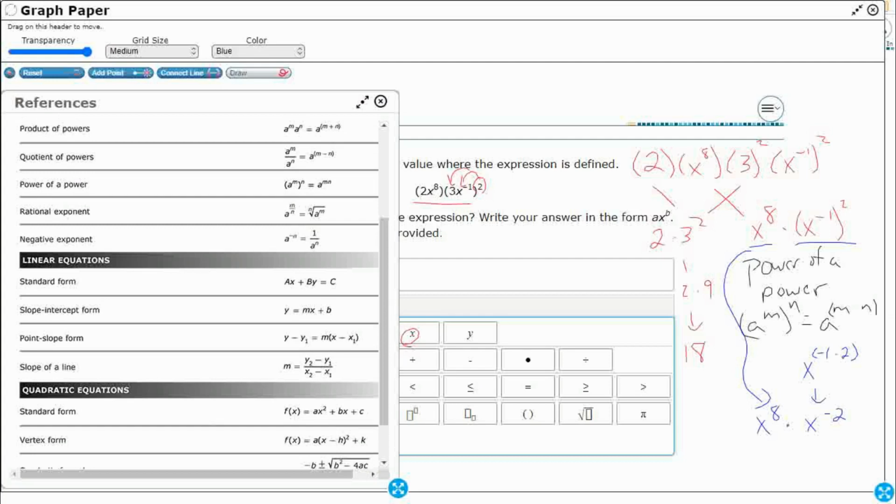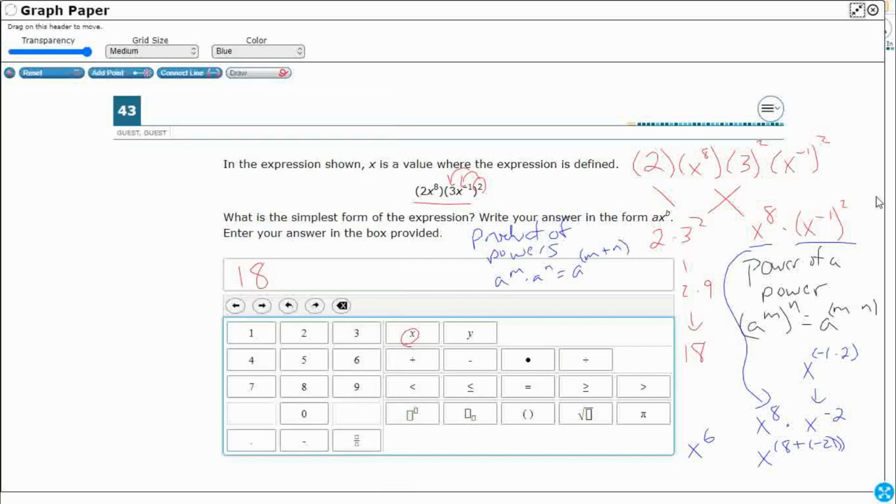So when the two are being multiplied, the product of powers says that when you multiply the two, you get just the base, and you end up adding the two powers. Okay, so I'm going to get my x, and I'm just going to add 8 plus negative 2, which is the same as 8 minus 2, right? So that's going to be x to the 6th.